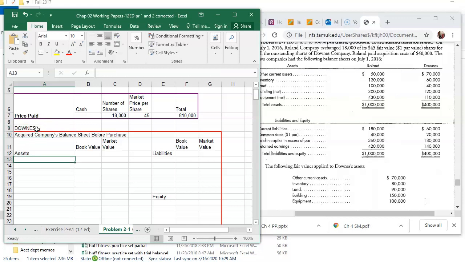All right, so we have other current assets, inventory, land, buildings, and equipment.